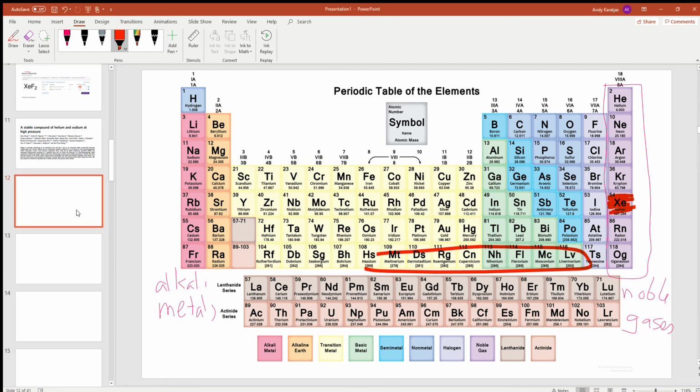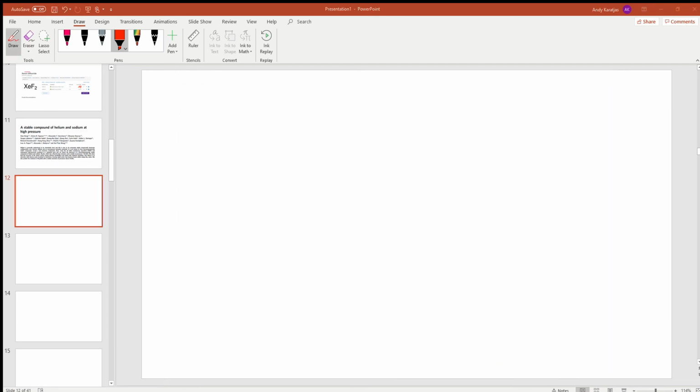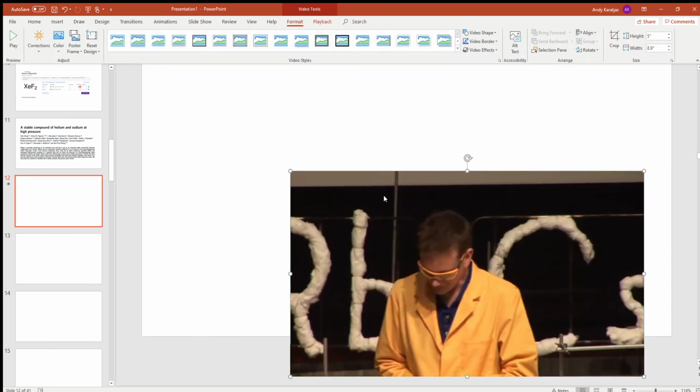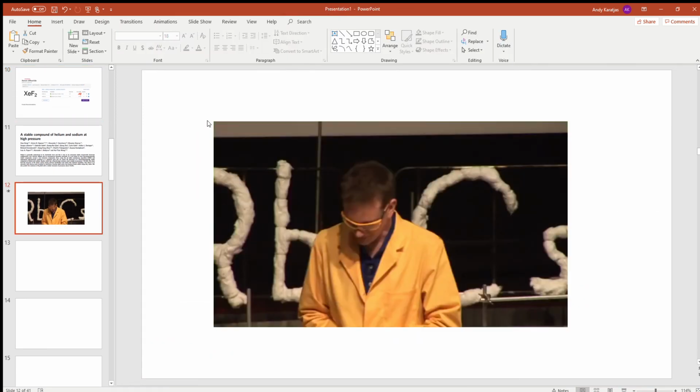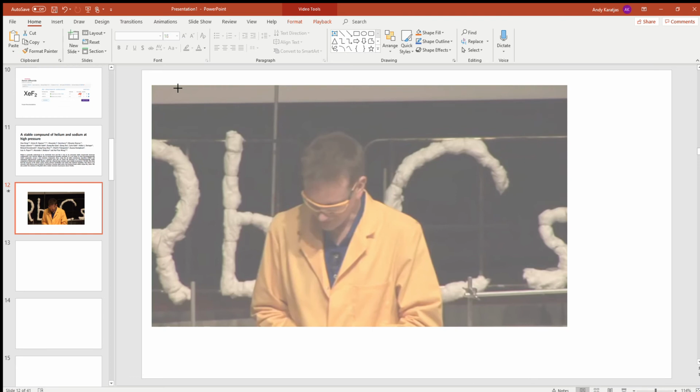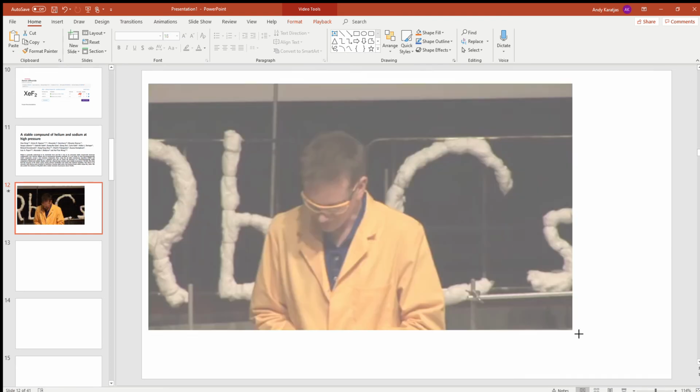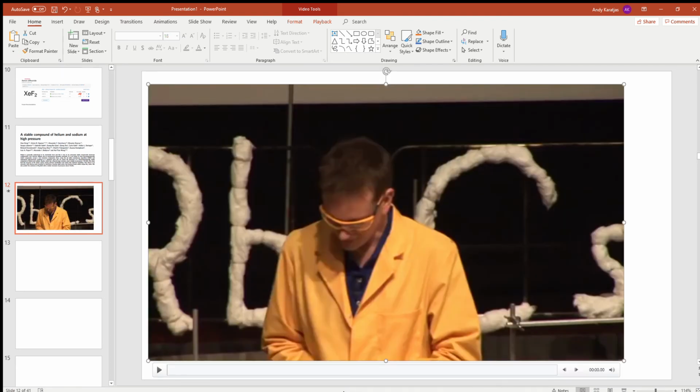So we're going to watch what happens when a series of different alkali metals is added to water. And again, what you're going to see is that the same thing happens with each one, but the reaction changes a little bit as we move down the table.